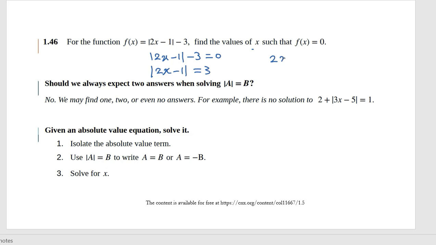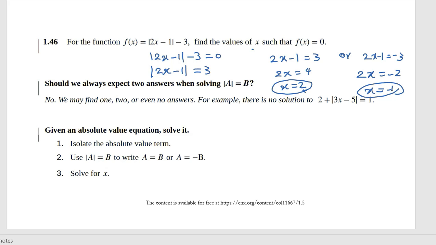So 2x minus 1 is equal to 3, or 2x minus 1 is equal to negative 3. From here, 2x is equal to 4, so x is equal to 2. And from here 2x is equal to negative 2, so x is equal to negative 1. So we have two answers.